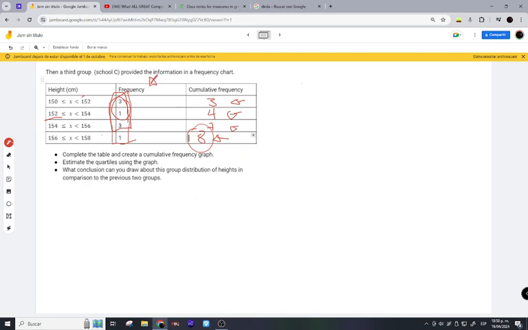For the normal frequency, we use a histogram, which is just like a bar graph but with the bars together, no gaps between them, because it's grouped. So we account for the intervals here, 150 to 152, 150 to 154, and the amount of people in each individual interval. That's a histogram.